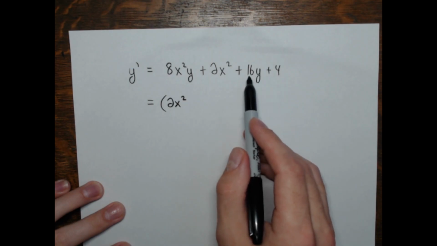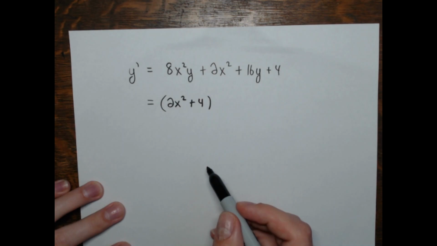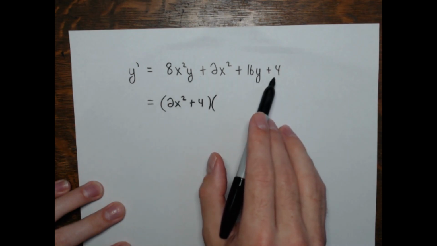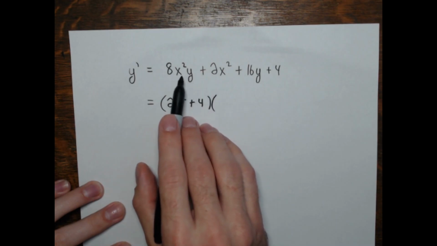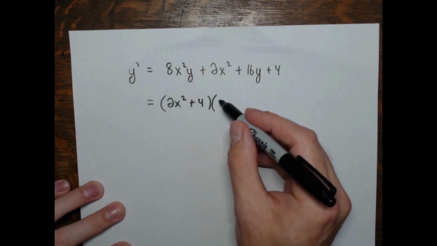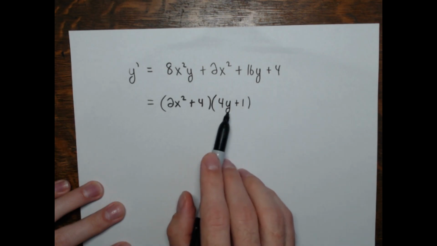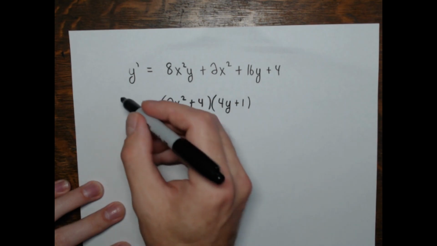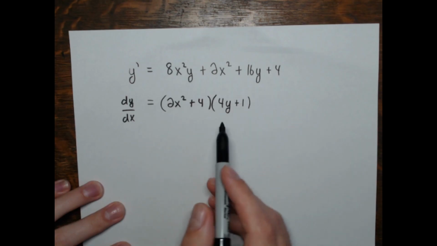The second two terms have 4 in common, so you'd have a 2x squared plus 4 as a factor of this. And then the factor that the halves would share, if you pulled 2x squared out of the first two terms, you'd have 4y plus 1. And both of these would have a 4y plus 1. So you have your other factor, 4y plus 1. And then you have dy dx equals this.